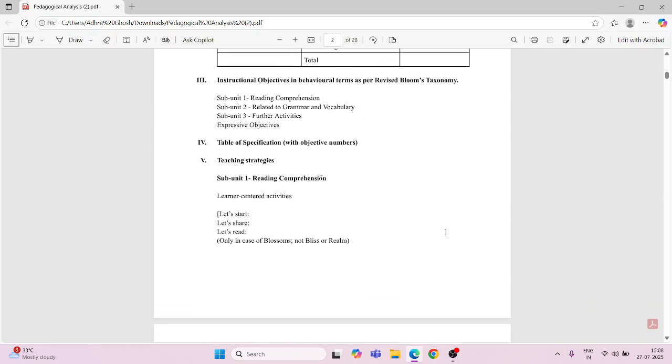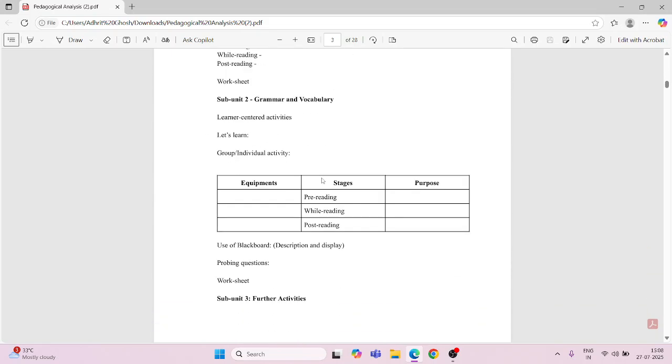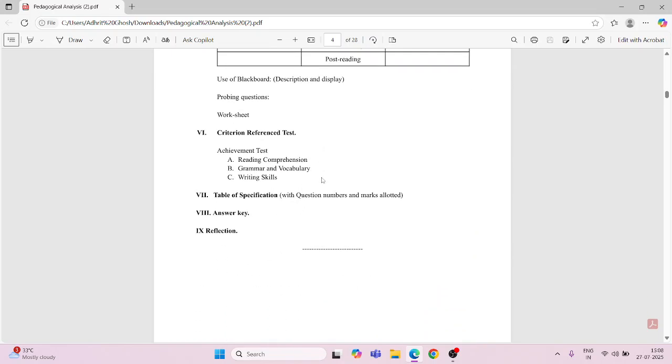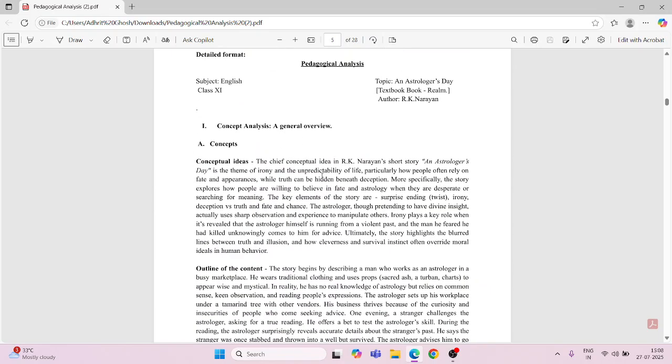So now I'll move on to the description of the pedagogical analysis in details, how to write it in details. Here I have taken a chapter from the book Realm of class 11. This is the new textbook from class 11, and the chapter is An Astrologer's Day by R.K. Narayan.